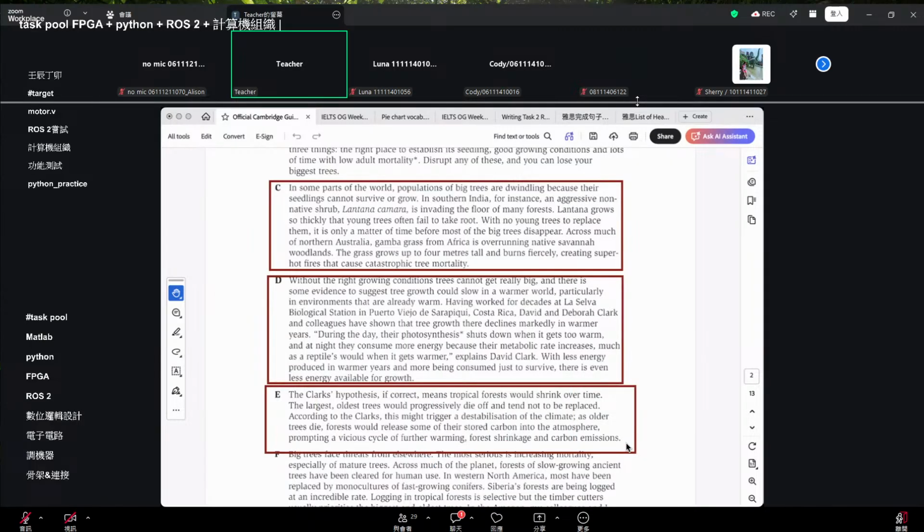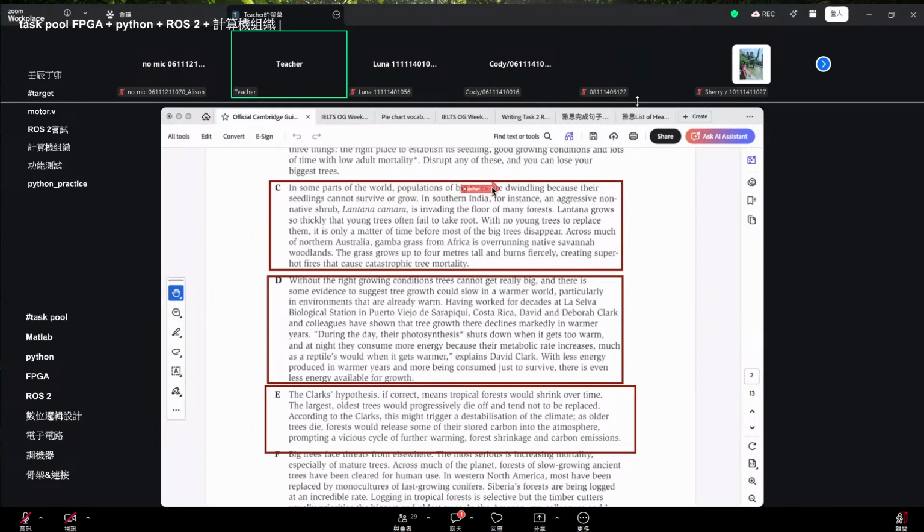Right, so let's just try to do it this way for paragraph C, what it talks about right down there. And then for the arrows. In some parts of the world, populations of big trees are dwindling. Dwindling in English literally means the numbers are going down.